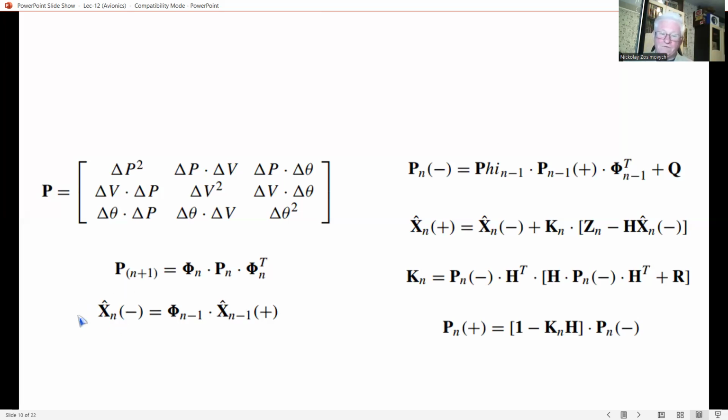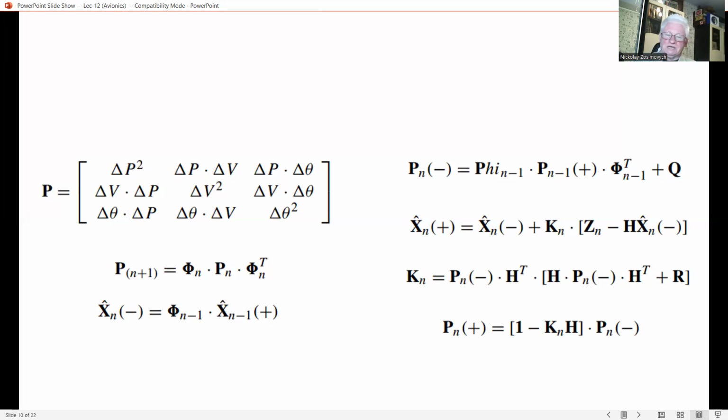The circumflex indicates a best estimate. The filter may be described, in this case, in two stages. Extrapolation indicates the period during which the filter simulates the action of the system between measurements. Update occurs when a measurement is made on the system and is incorporated into the filter estimate.